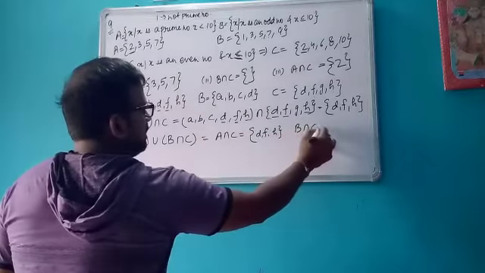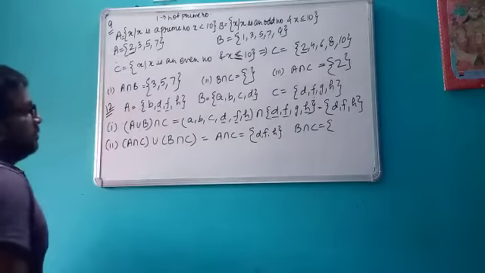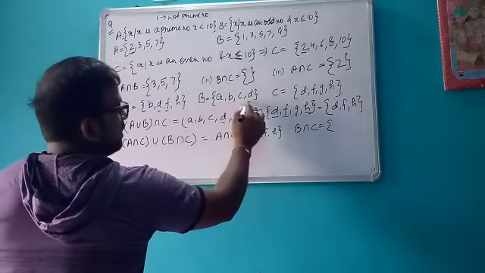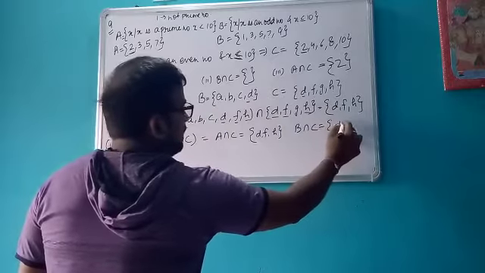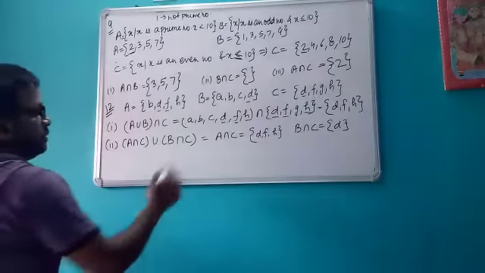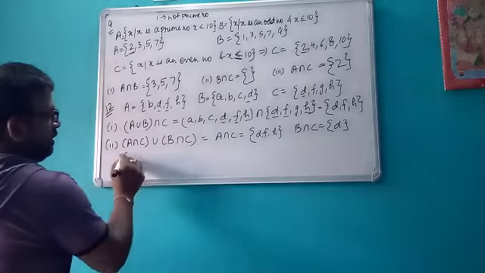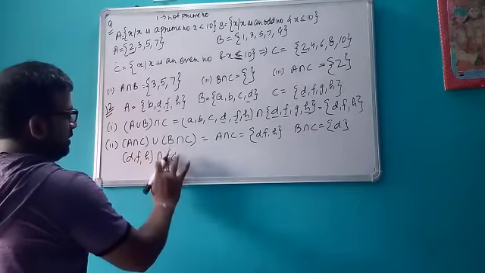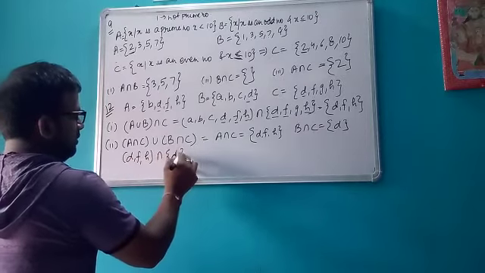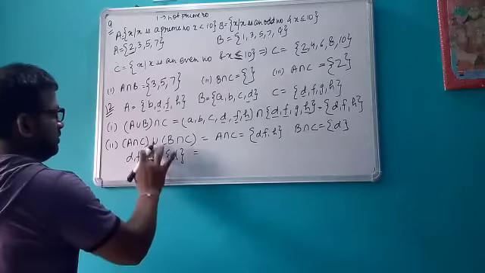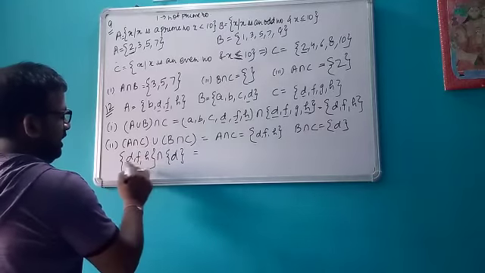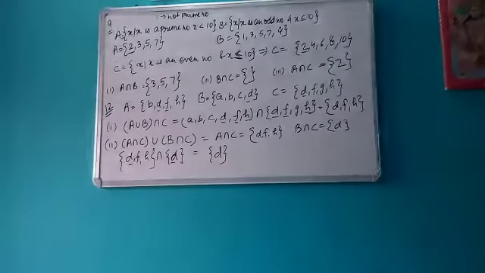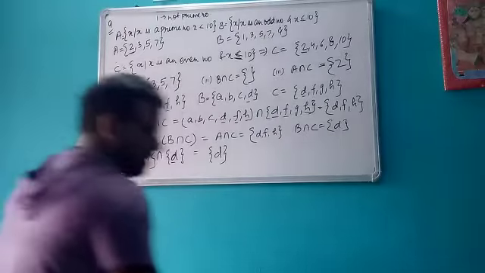B intersection C. The common element is D. Okay, only D is common. So what is their union? D, F, H union D. So only D remains, so the answer will be D. Okay, like this you can calculate.